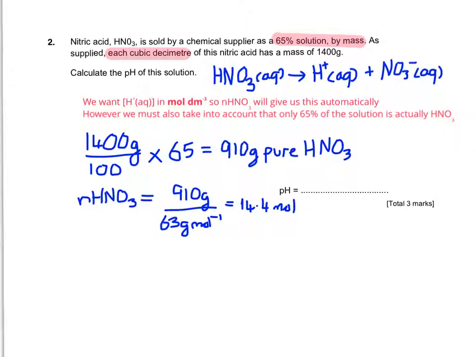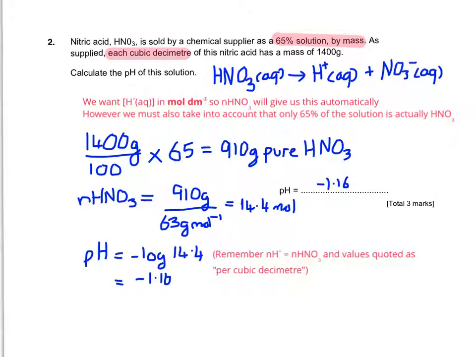That gives us 14.4 moles by dividing mass over molar mass. Remembering that the number of moles of hydrogen ions is equal to the number of moles of HNO3, and that the values were quoted per dm cubed, we can work out the pH as minus 1.16.